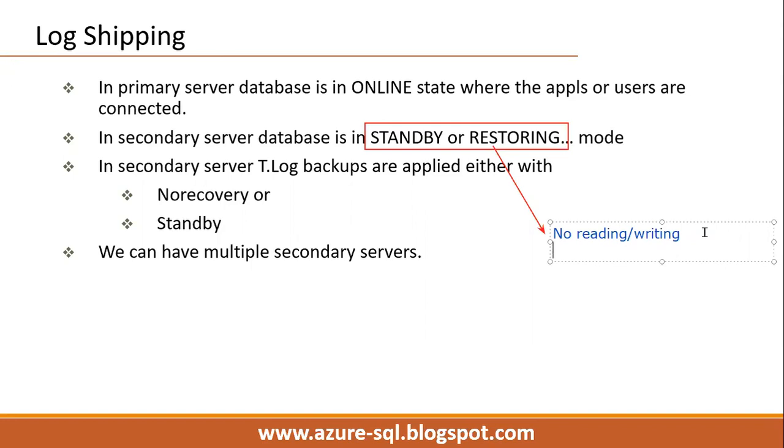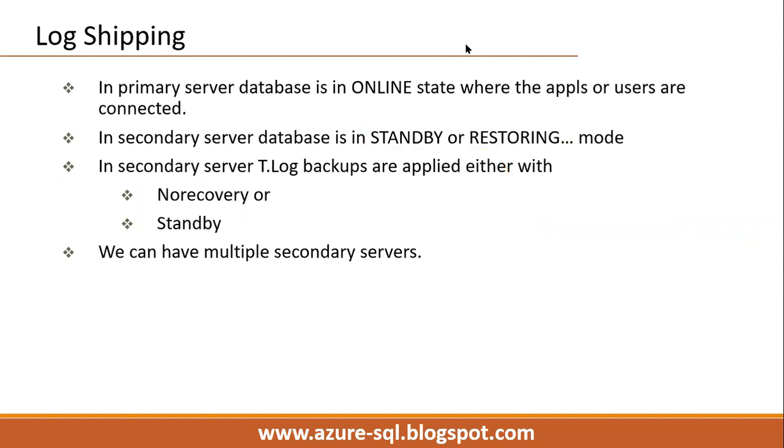We have already seen that if it is lower to higher, we have to maintain it in restoring state only; we can't maintain standby state. If both versions are the same, primary 2016 and secondary 2016, then we can go with standby. That's why both states are supported in log shipping.